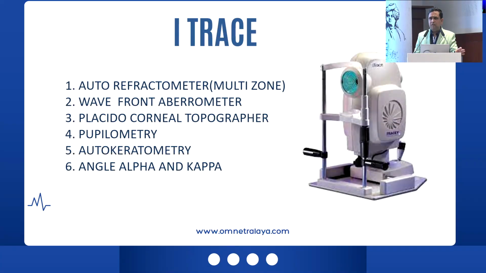So what is very special about this iTrace? It fires 4 near infrared laser beams sequentially, not simultaneously, one after another. Each beam contains 64 spots, so a total of 256 spots are fired separately and analyzed separately, and that gives us the whole idea about what exactly is going on inside the eye.